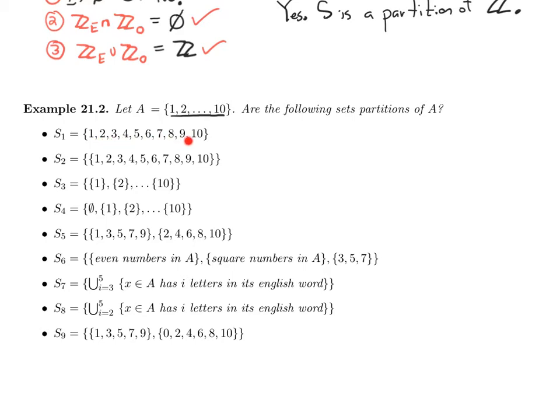The answer is no. The elements of S1 are indeed elements of A, not subsets of A. Remember, partitions have elements being subsets. So the answer is no, because elements are not subsets of A. So that one was pretty easy.